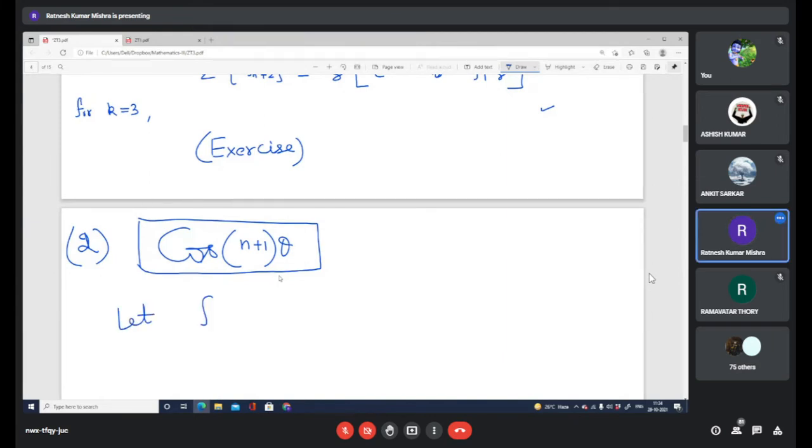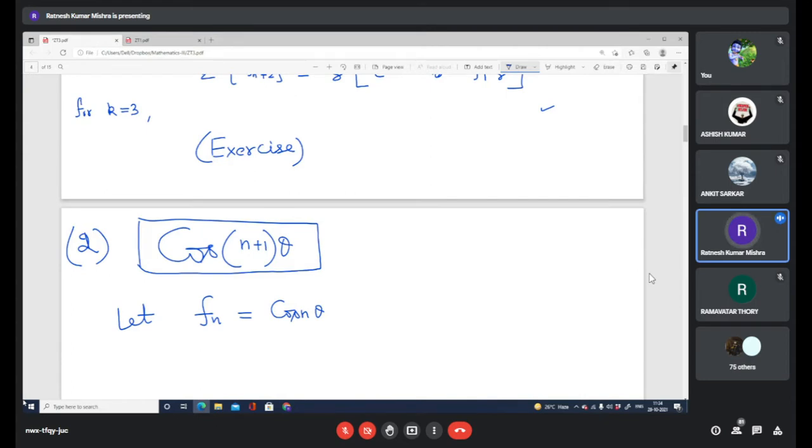Let f(n) be cos n theta. Now find the Z transform of f(n) first, and then use the result as in the previous case.